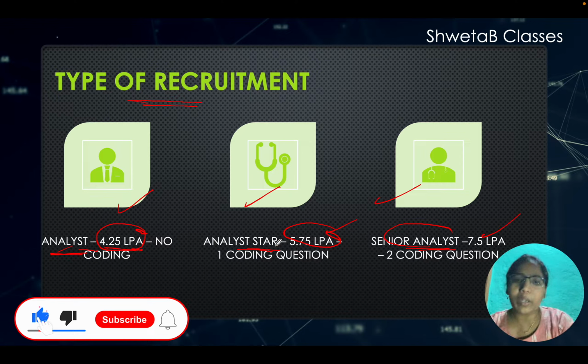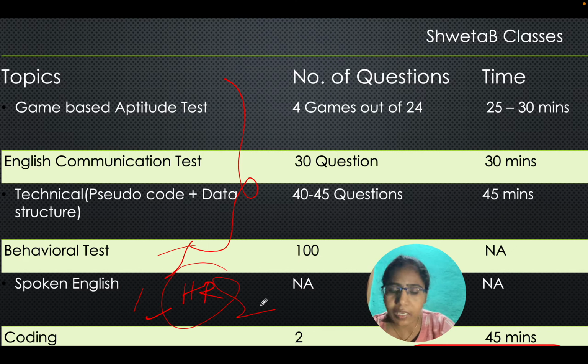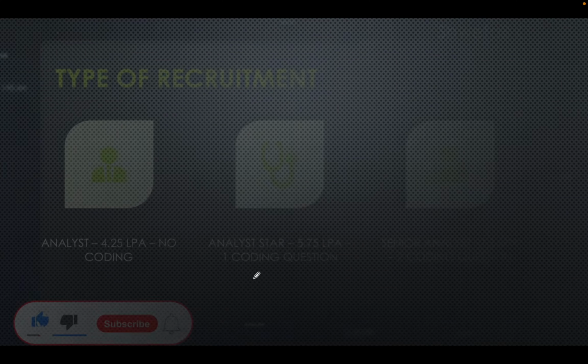Now, to get all these packages, what is the criteria? As you saw in the last slide, suppose you clear all these 5 rounds and you are not so good with the coding round, then you will directly go for an HR round. I told you in the last slide that for one post only an HR round will be offered, and that post is the analyst post.